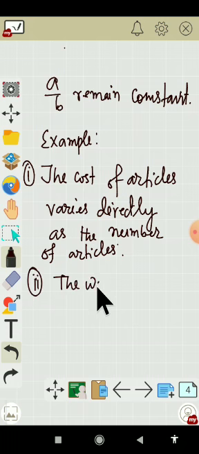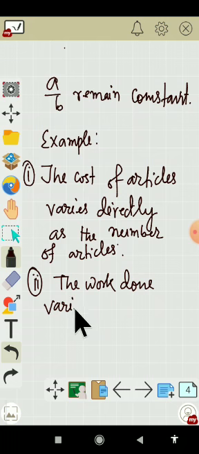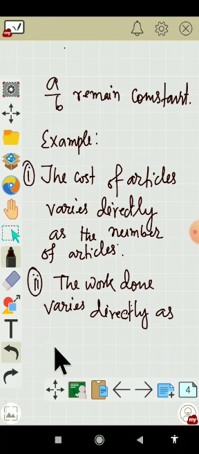The work done varies directly as the number of men at work.